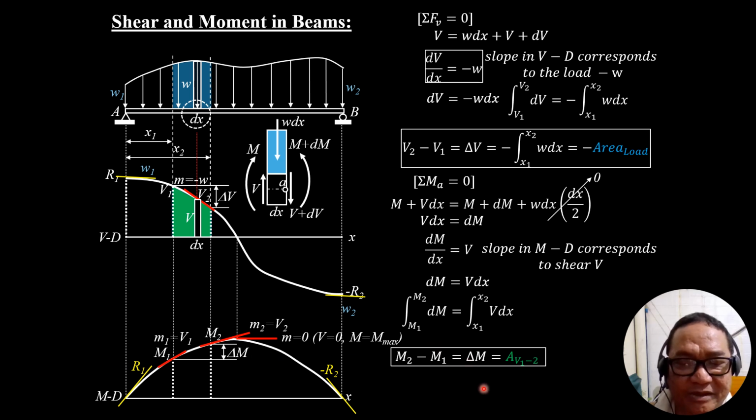So m2 minus m1, which is delta m, is equal to the area of the shear diagram between 1 and 2, and it is denoted by green, so I also shade this part with green region. So that means that the change in moment between 2 points is equal to the area of the shear diagram above.